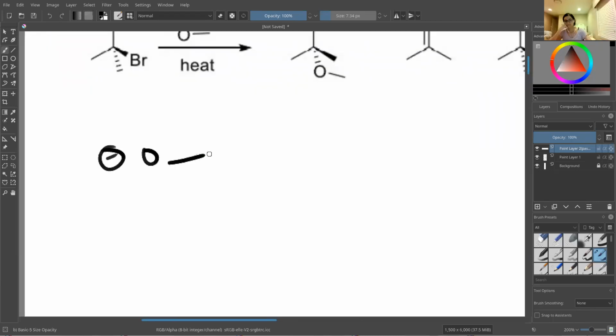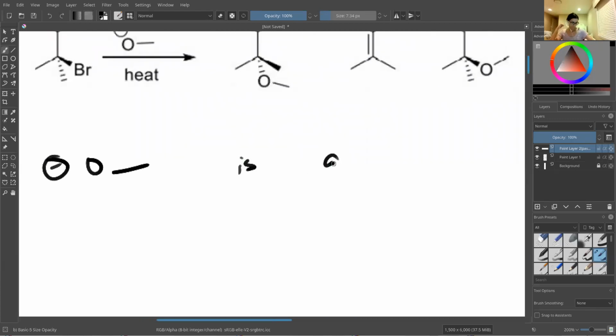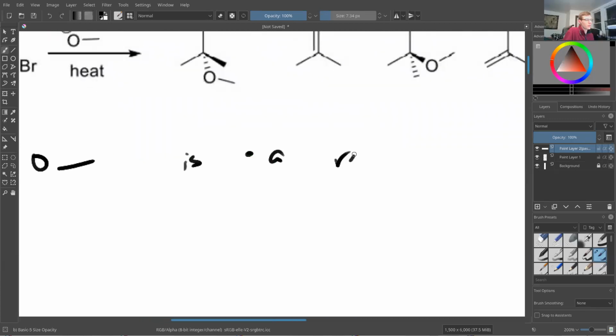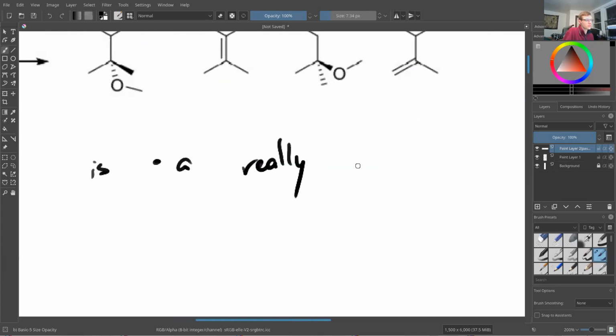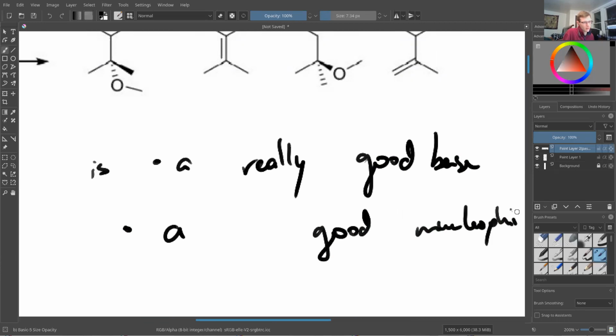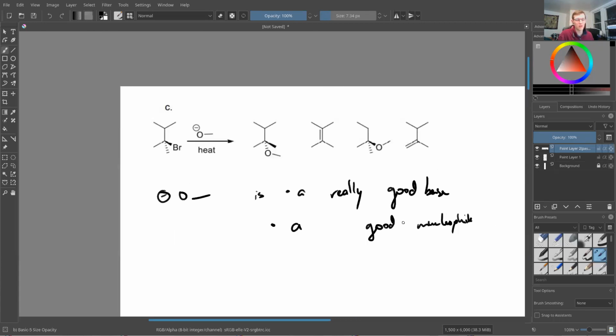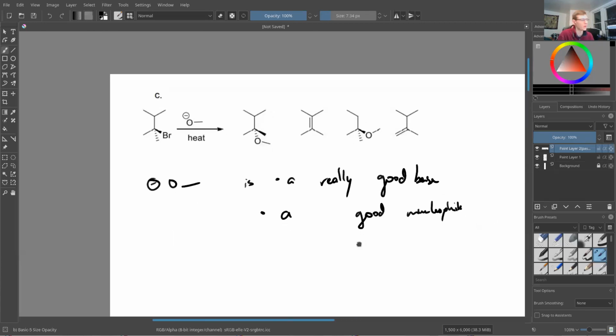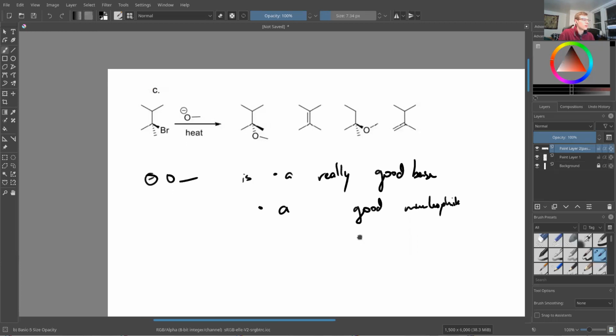So this guy is a really good base. Right? It's also a really good nucleophile. Well, not really, but it's pretty good. There are better ones, no question, but this one works fairly well. Okay.